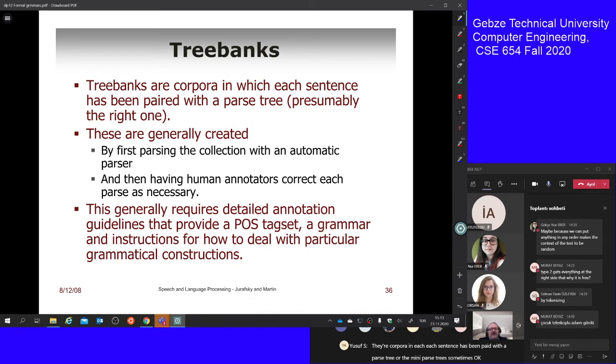If I know the context, out of all the possible parse trees, I pick the correct one. So if I have tens of thousands of sentences, how do I create such a corpora? Given a sentence, I assign a parse tree to it.